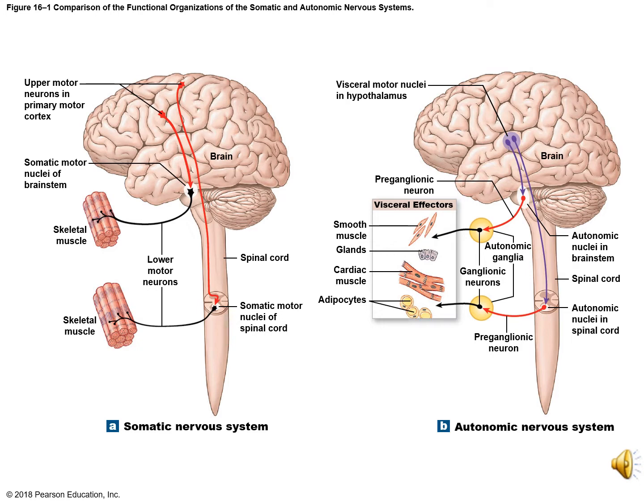From the ganglia in the peripheral nervous system extends the ganglionic neurons, also known as postganglionic fibers. These cell bodies are going to make up the autonomic ganglia, and their axons, the postganglionic fibers, are going to pass their information to the visceral effectors.